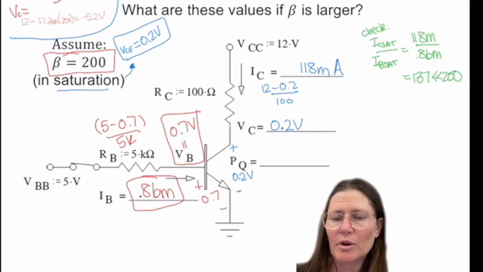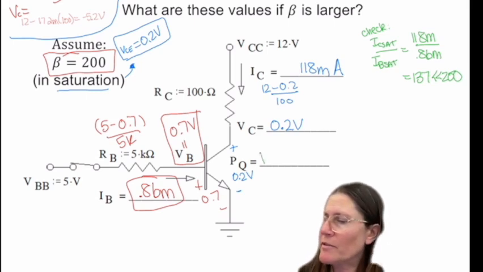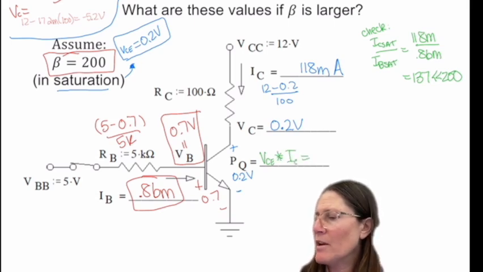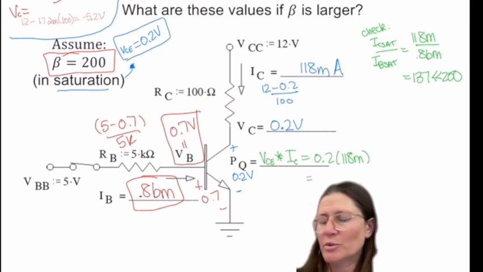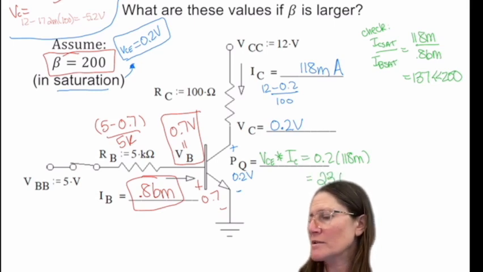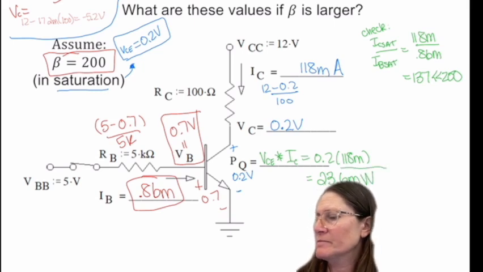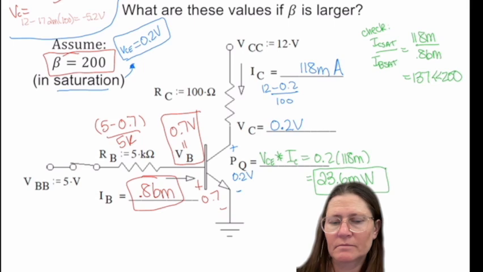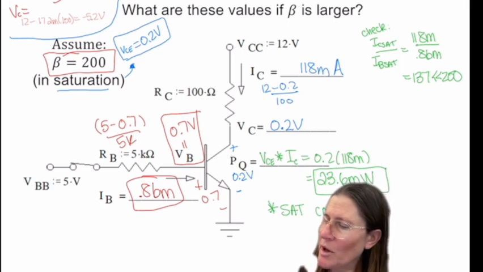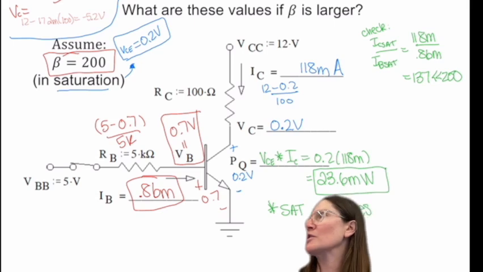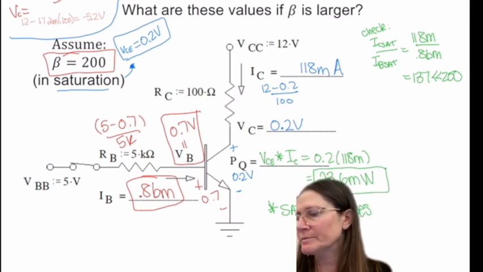So now looking at the power consumption, VCE times IC, we have 0.2 times 118 milli, which is 23.6 milliwatts. So one takeaway from this is that saturation condition consumes a lot less power.